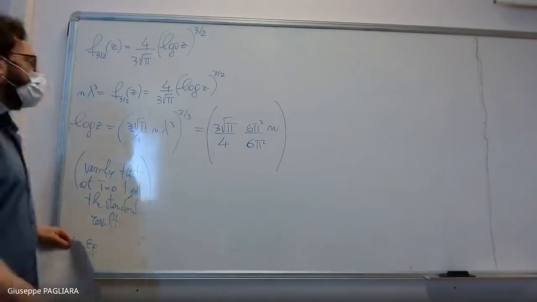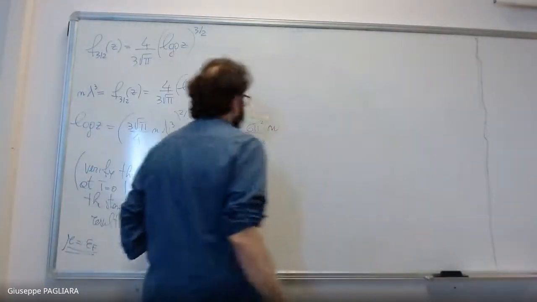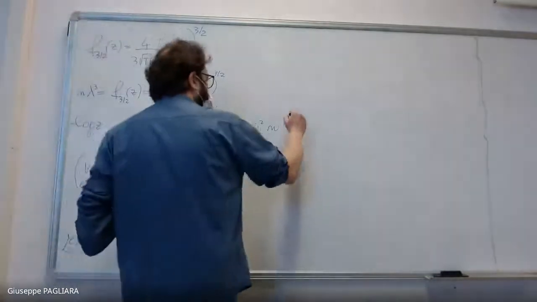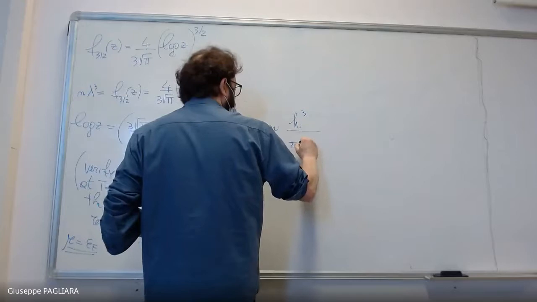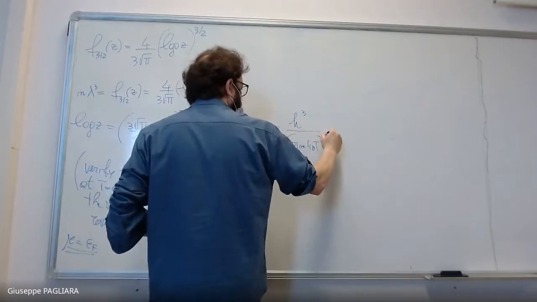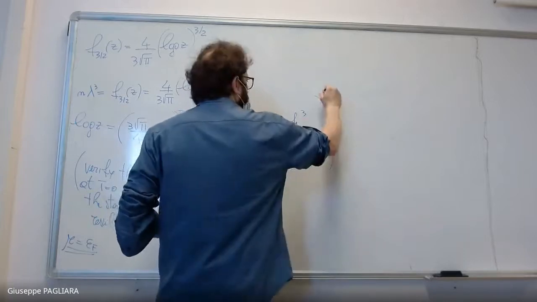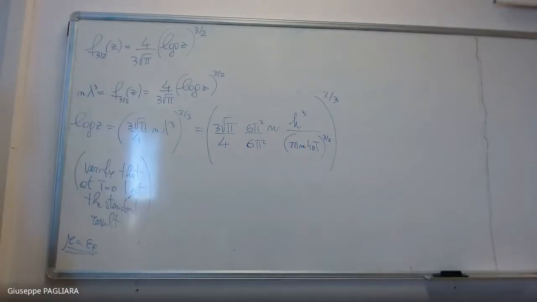This is h cubed divided by 2 pi m kBT to the power of 3 half, and everything is to the power of 2/3. Let's see if I have everything, sorry.